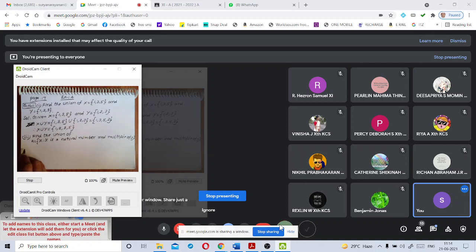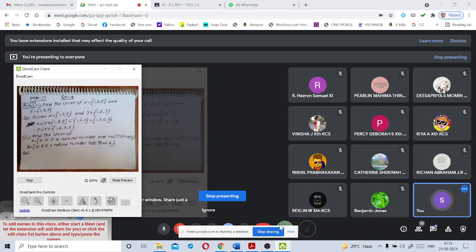B is equal to set of all x such that x is a natural number less than 6. Here we have to find the union of these two sets.